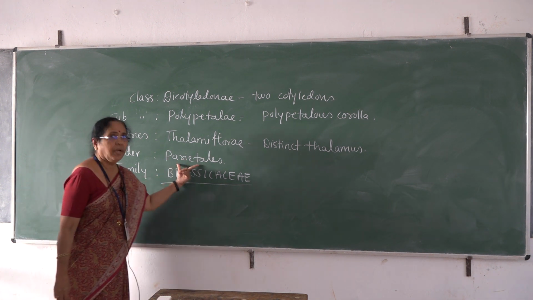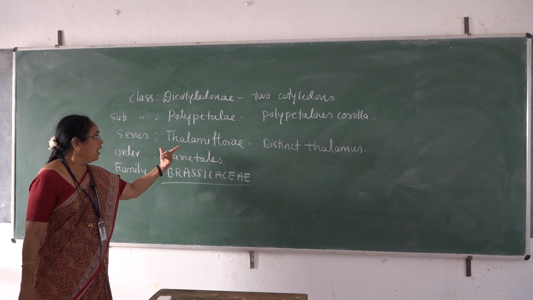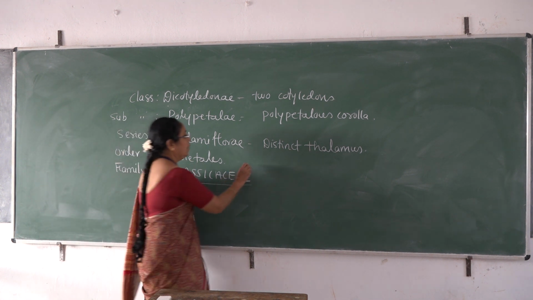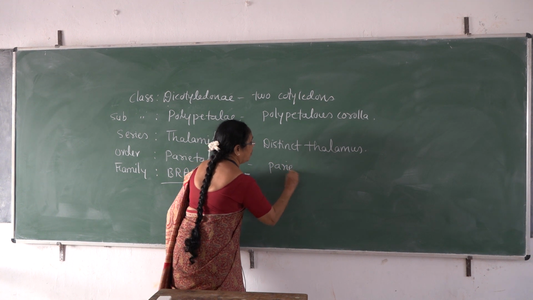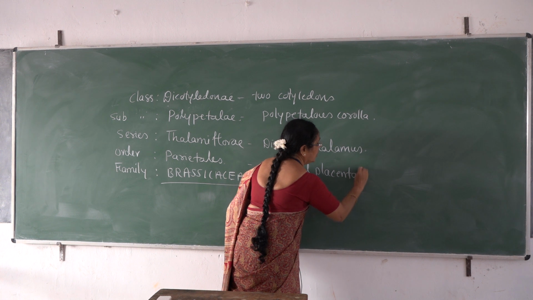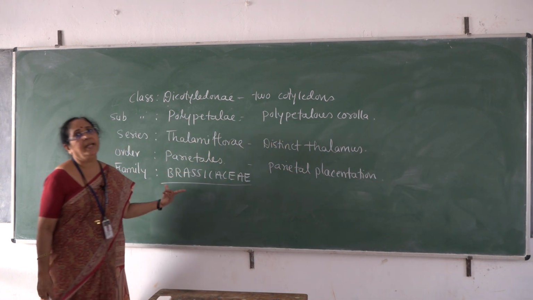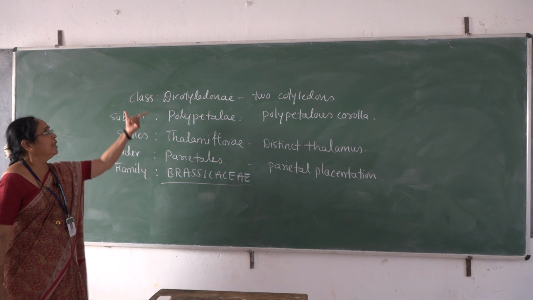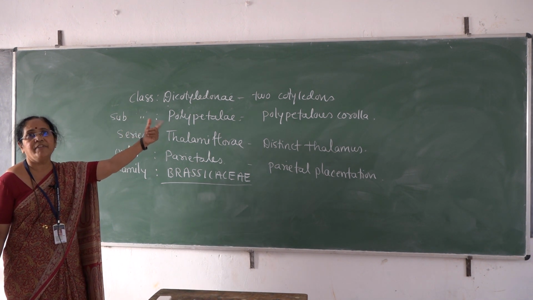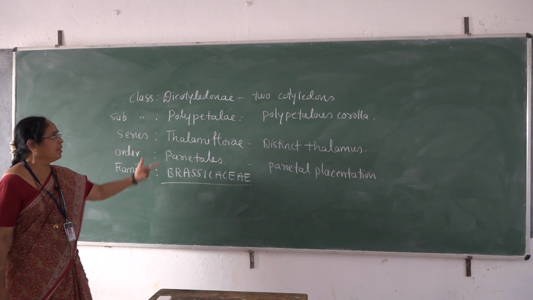This is very special because all the families under this order Parietales are characterized by the parietal type of placentation. Parietal placentation is the important feature of all the families which fall under the order Parietales and the family Brassicaceae. Okay, Dicotyledonea because the seeds are having two cotyledons. Polypetalae because the corolla is polypetalous in nature.